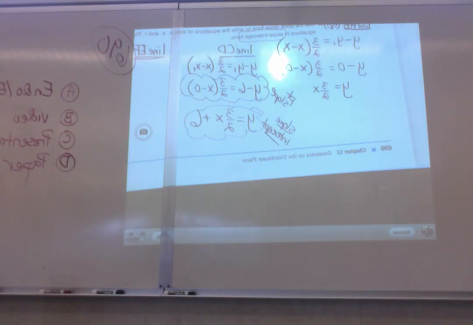Okay, so everything that we just did right here, maybe right here, you're doing it for this line. What's that point right there? 0, 12. So make an ordered pair, 0, 12, and then figure out how to plug it into this formula.